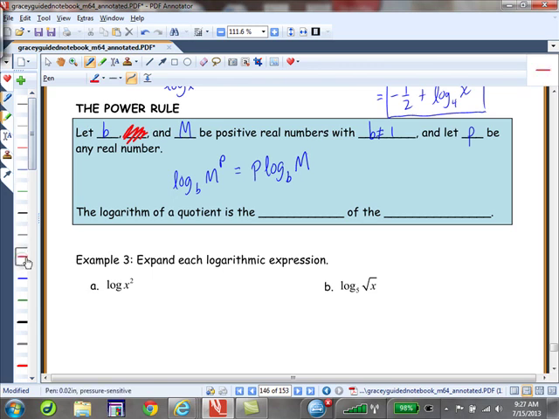Now this one, again, I apologize. I did a copy and paste error here, so we'll just write in the rest of this.